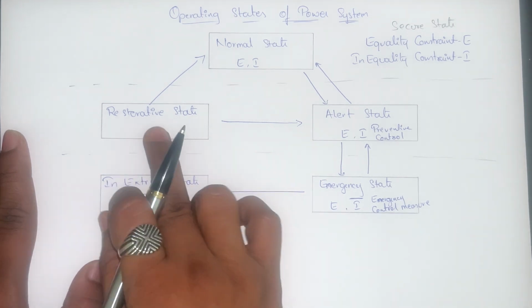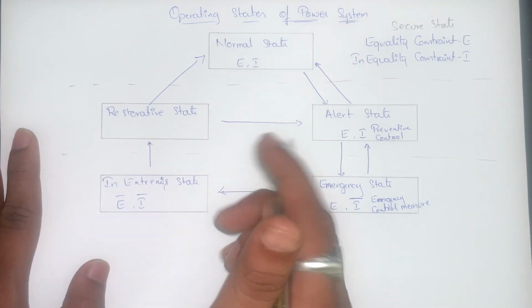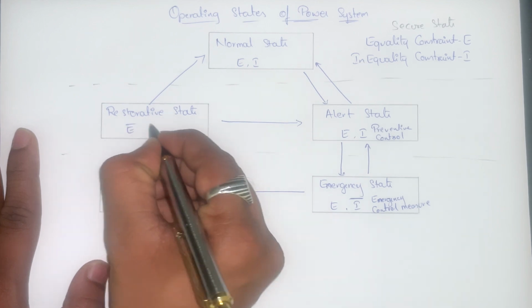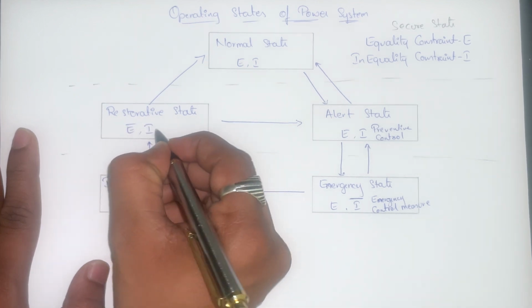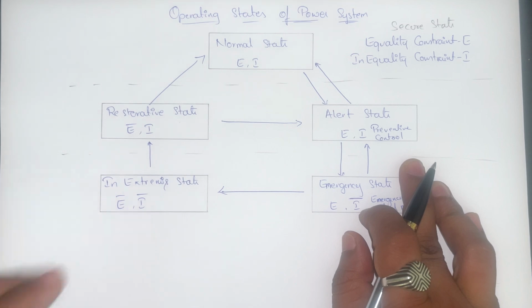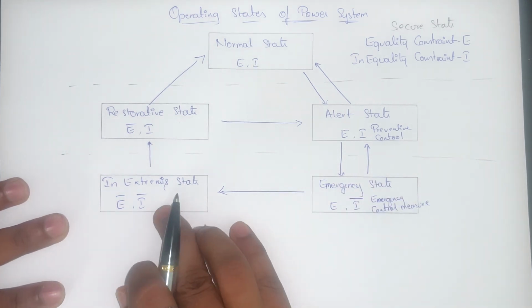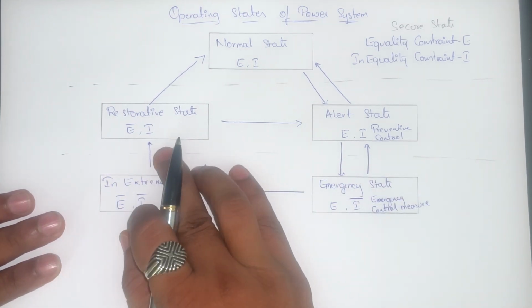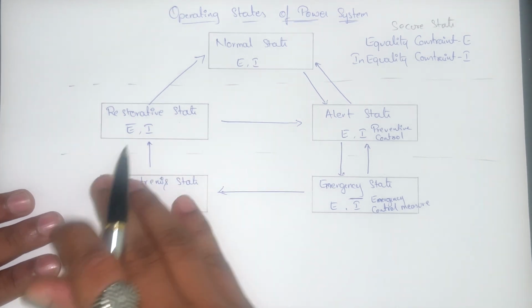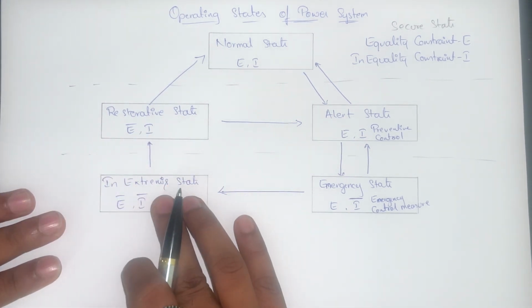Okay, and last comes the restorative state, where the equality constraints are being violated and the inequality constraints are being taken care of, where from the in extremis state we are restoring the system, where the generators are now not being loaded.